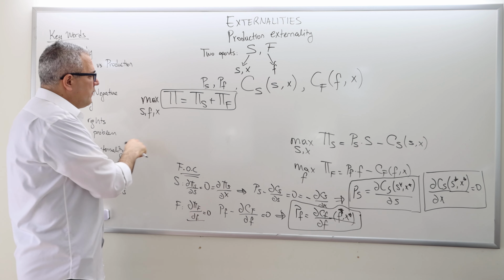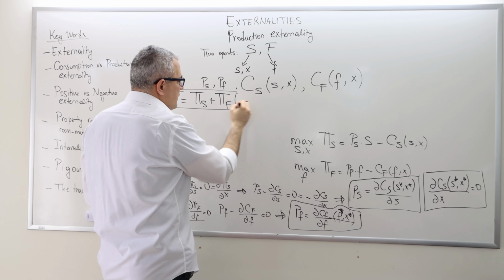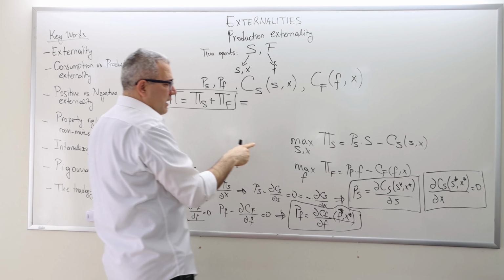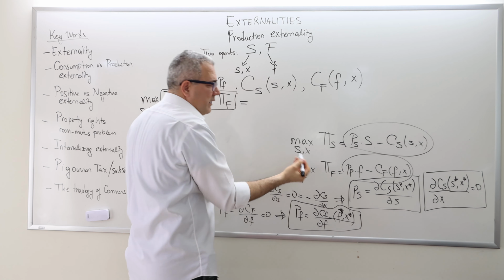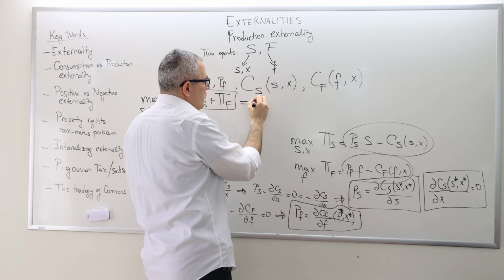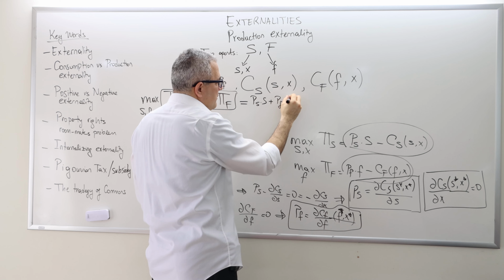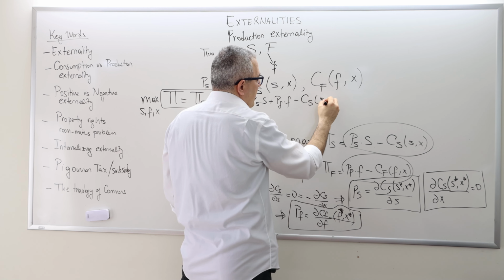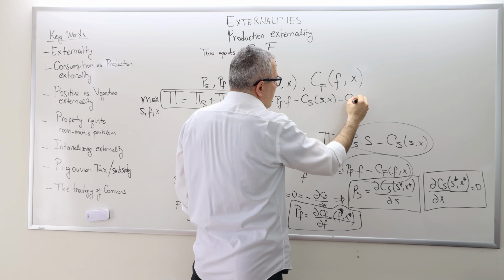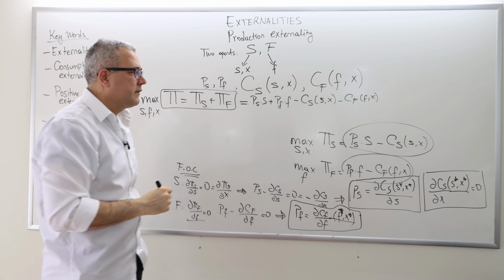Well, if you want to solve this optimization problem, well, remember the total profit this time is basically this plus this. All right? So let's write it. So the total revenue, which is PS times S plus PF times F, minus the costs, CS(S,X) minus CF(F,X). All right, so that's the total profit.